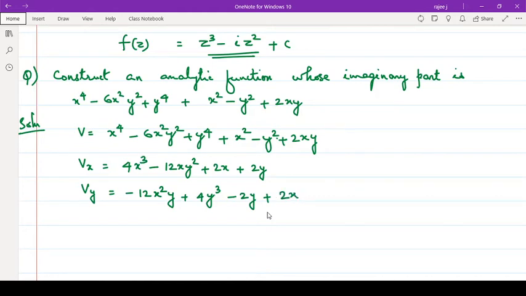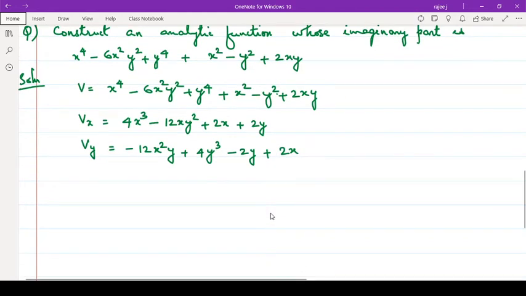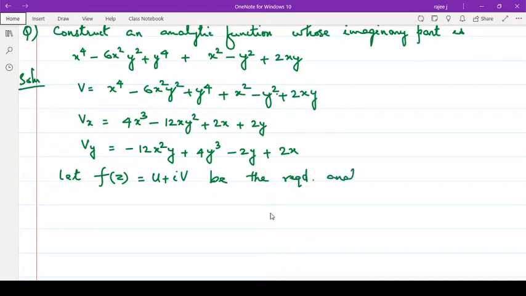So vx and vy you got. Therefore we need the analytic function, so let f of z is equal to u plus iv be the required analytic function.